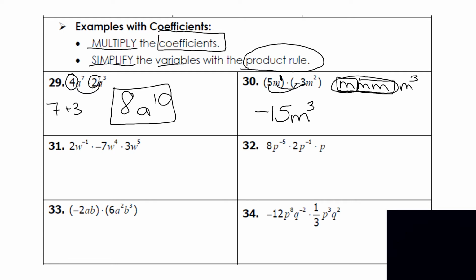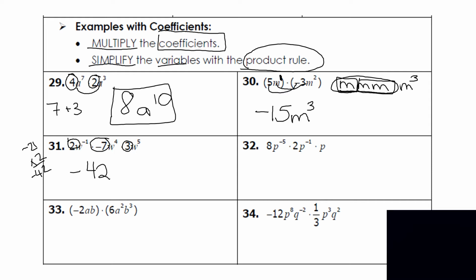All right, so 31. I have a coefficient of 2, a coefficient of -7, and a coefficient of 3. For simplicity reasons, -7 times 3 is -21. And then I'm going to multiply that by 2, which gives me -42.